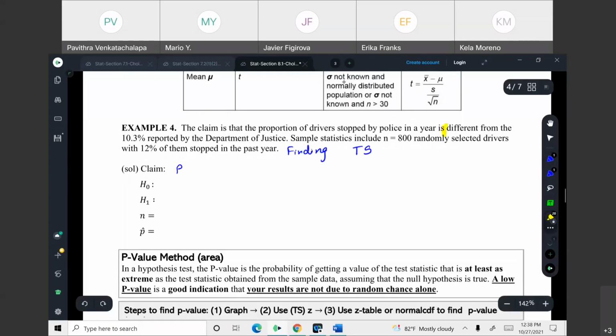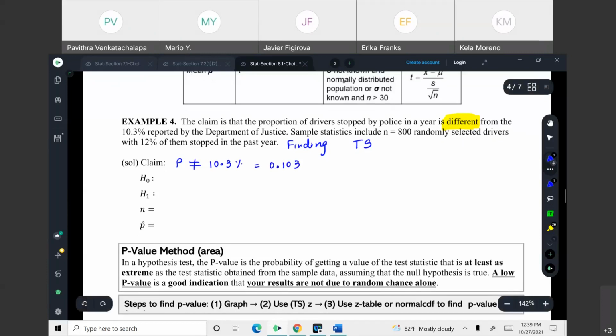Read the question: they say that the proportion of drivers is different. They did not mention whether it is greater than or less than, they are just saying it is different. So if it is different, I will be taking it as not equal to the reported value, so not equal to 10.3%, or you can say 0.103.